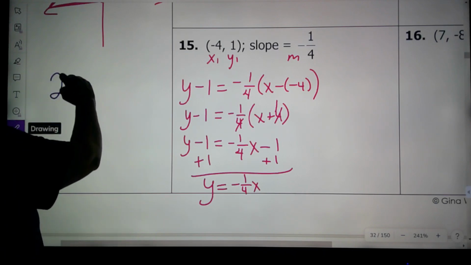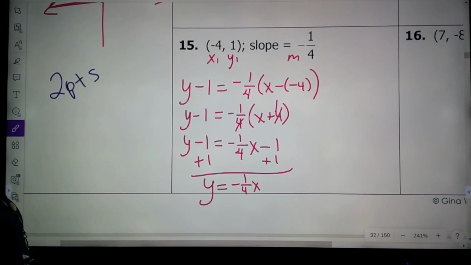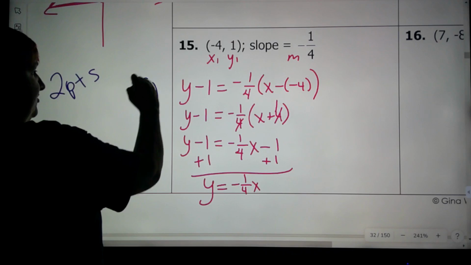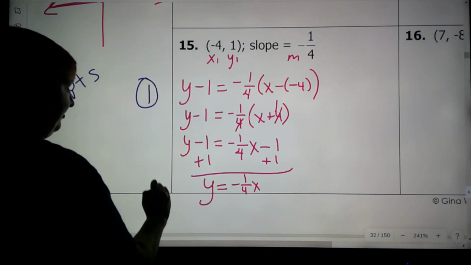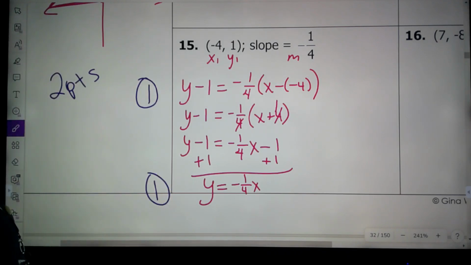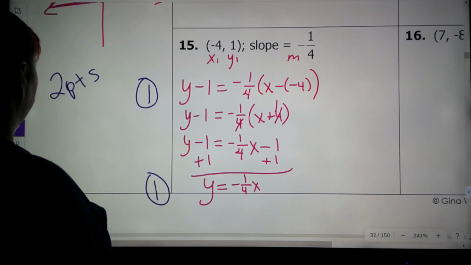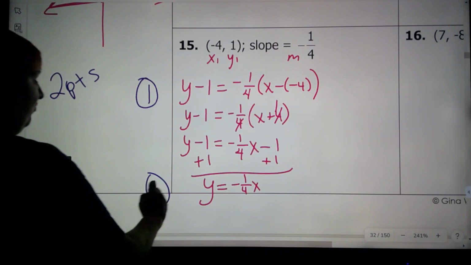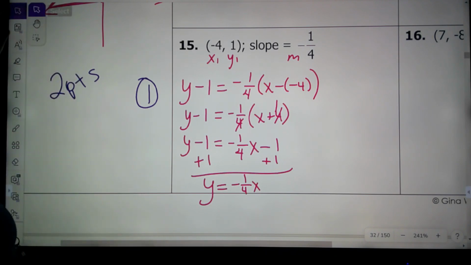Now, here's why I tell you to show your work. This problem is worth 2 points: 1 point to show your work, 1 point for the correct answer. Why is that important? I'll tell you why. What if you have the wrong answer?